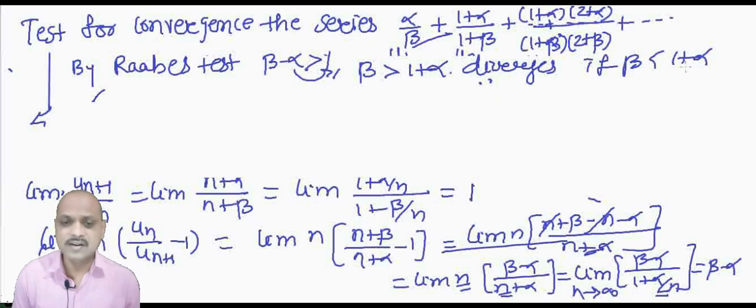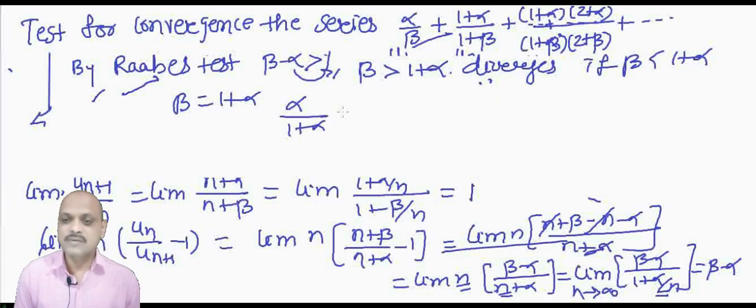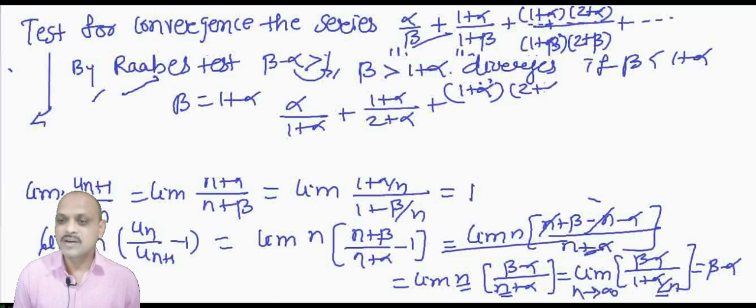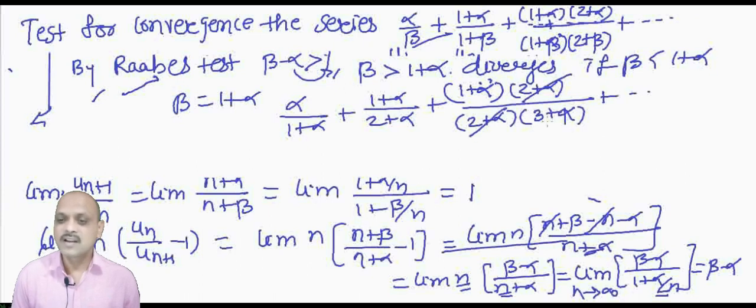Now let us consider the case when beta equals 1 plus alpha. When beta equals 1 plus alpha, you can see that alpha divided by 1 plus alpha, plus 1 plus alpha divided by 2 plus alpha, plus 1 plus alpha into 2 plus alpha divided by 2 plus alpha into 3 plus alpha, plus like this. 2 plus alpha will get cancelled and we get 1 plus alpha, and in the denominator 3 plus alpha.